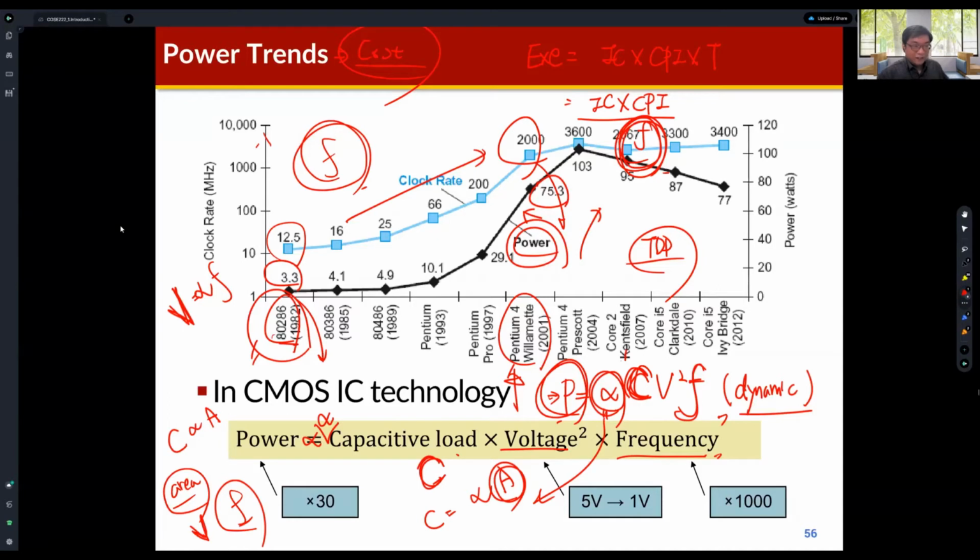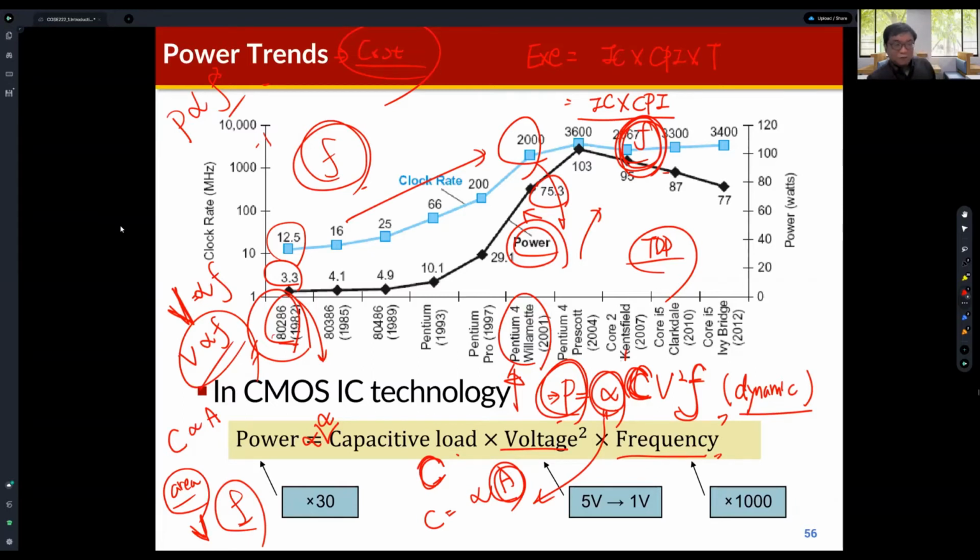If you are interested in overclocking a desktop CPU, then in order to increase the clock frequency, we also need to increase the supply voltage to the CPU, right? So the voltage is proportional to clock frequency. That means the power is proportional to the cube of clock frequency.